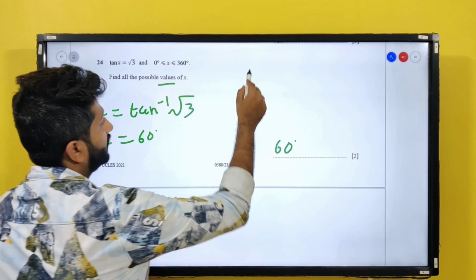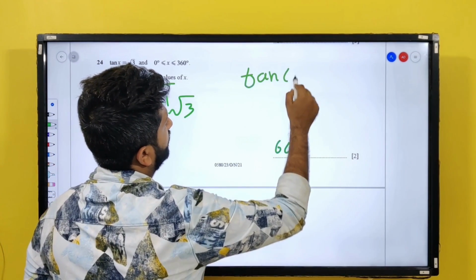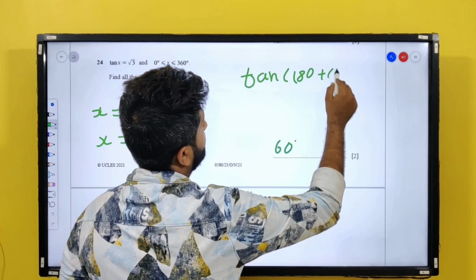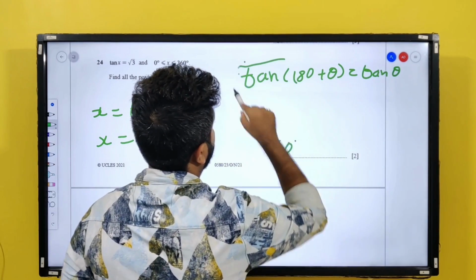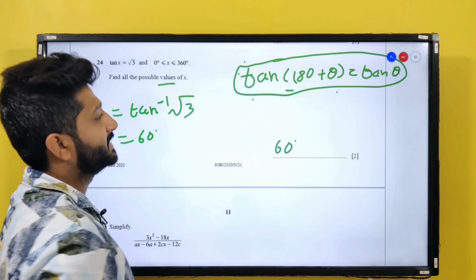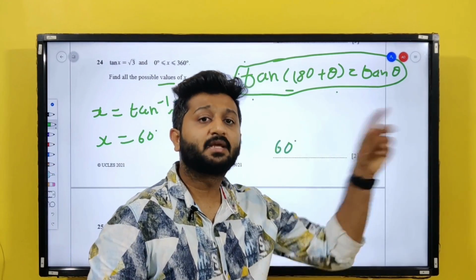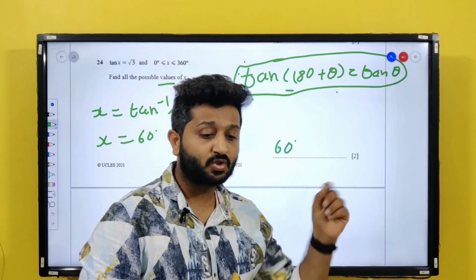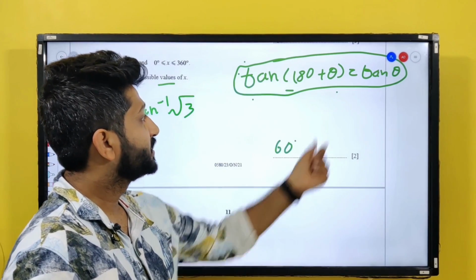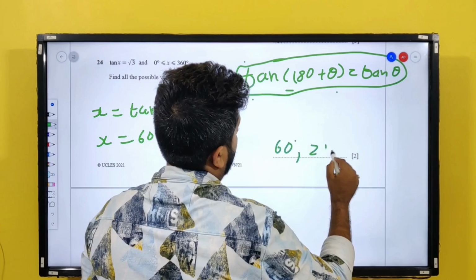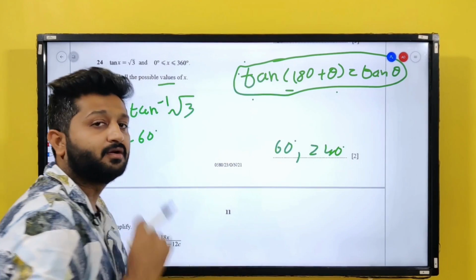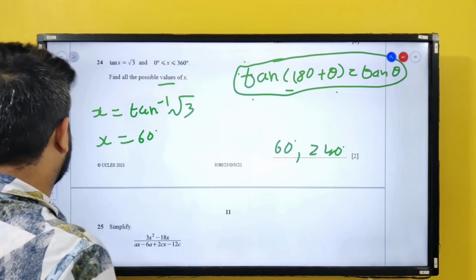You should also know that tan of 180 plus theta equals tan theta. So let's say theta is 30 degrees. Tan 30 and tan of 180 plus 30, which is 210, are going to be the same. So if one is 60, then 180 plus 60 is 240. So tan 60 and tan 240 are going to be the same.